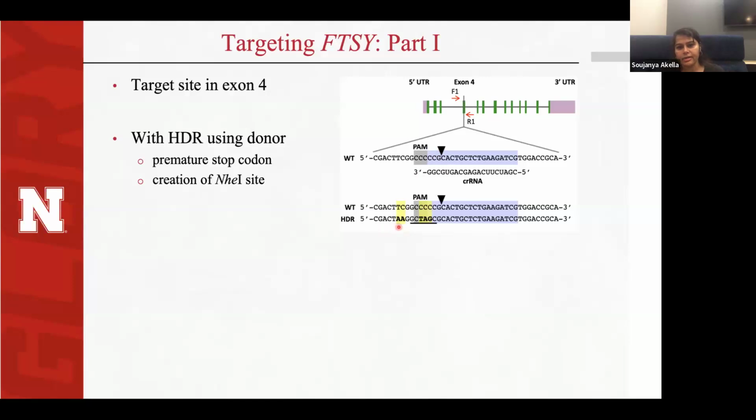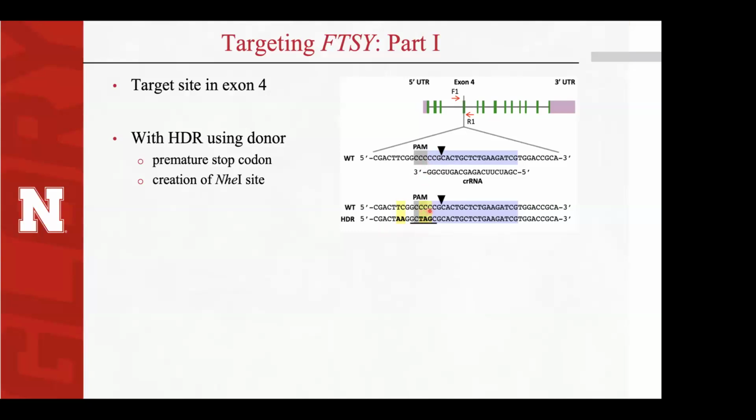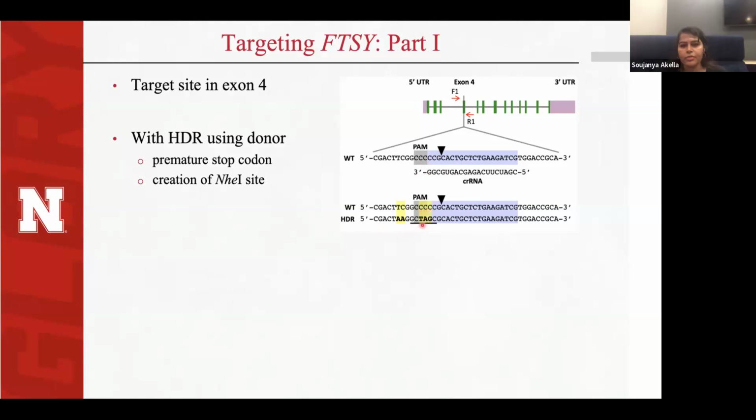The donor had these specific changes where this CCC, it's a little bit confusing here because it overlapped with the PAM sequence in this example, but this CCC would be changed to a TAG, which is a stop codon.